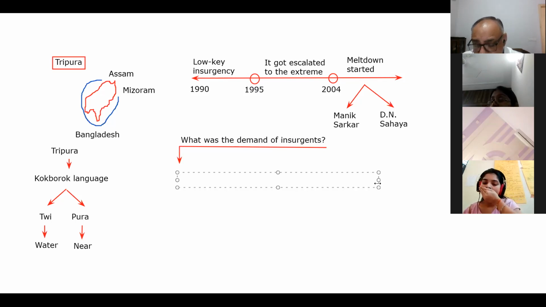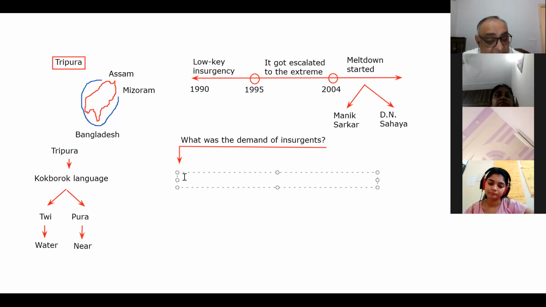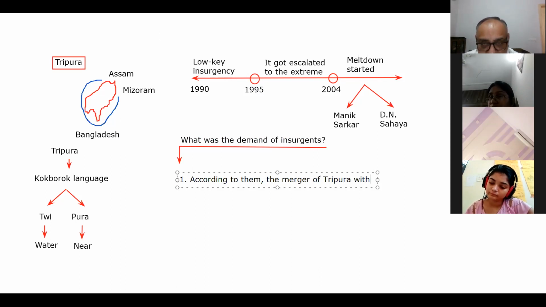So as far as the demand of insurgents is concerned, the first very important thing is that according to them, the merger of Tripura with India is disputed.